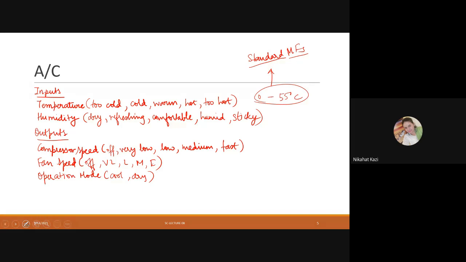So if the temperature is dash, can someone tell me one sample rule? If temperature is cold, then the fan speed should be low.